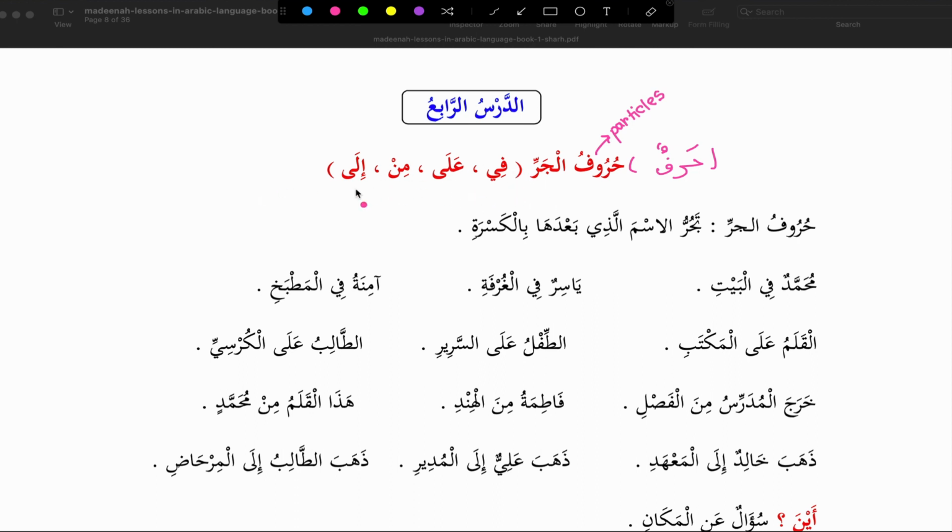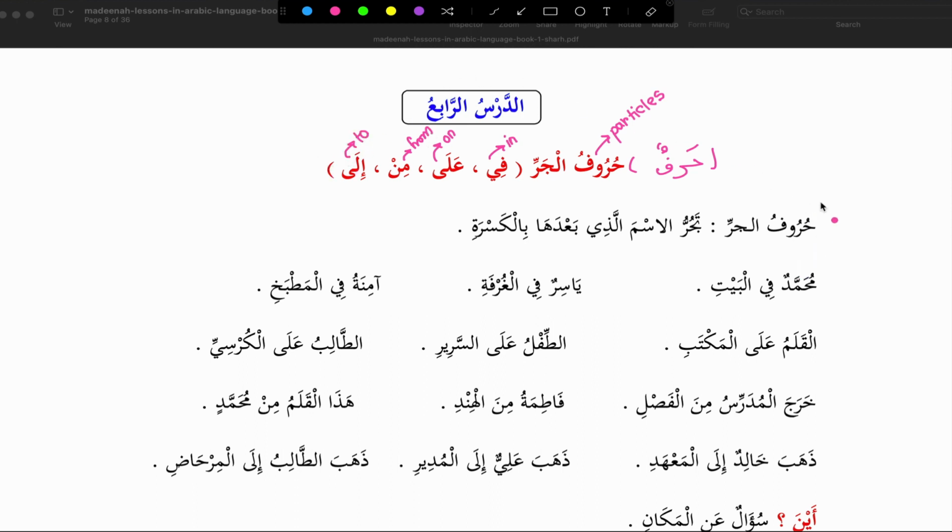There are many others, but they just mentioned four. They are fi, which means in most of the time, because the meaning of the harf can change based on the context. Ala means on or above. Min means from most of the time, and ila means to.